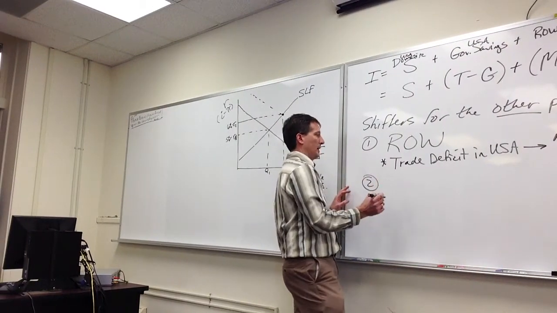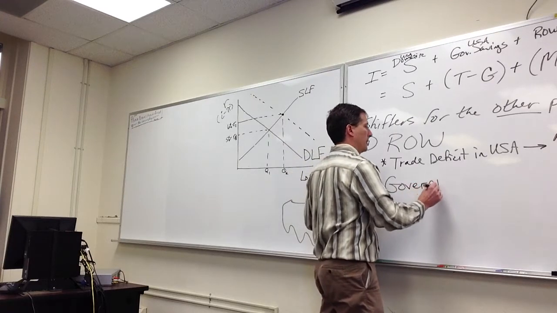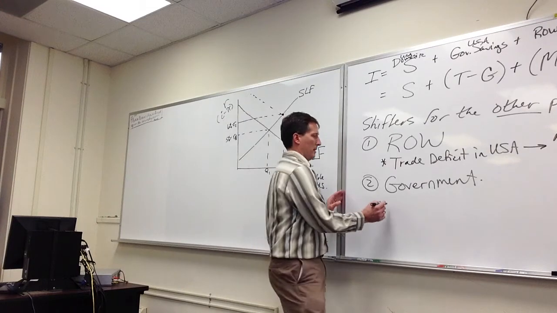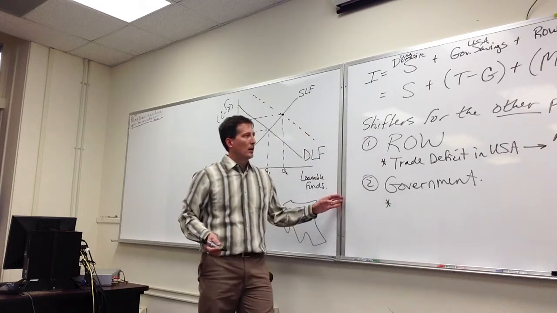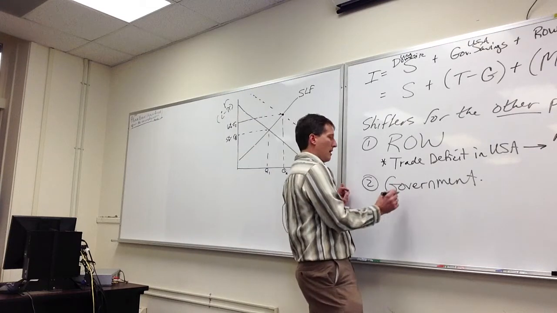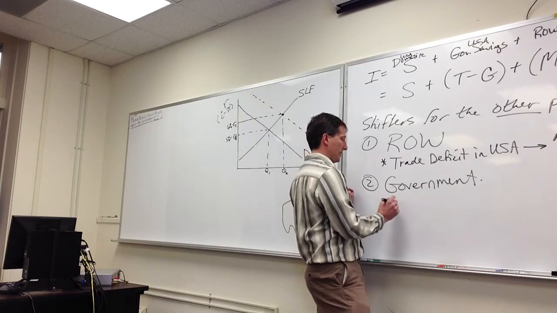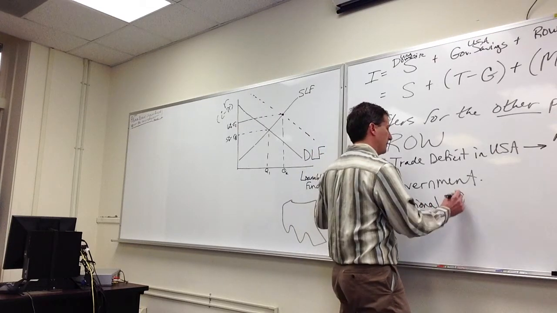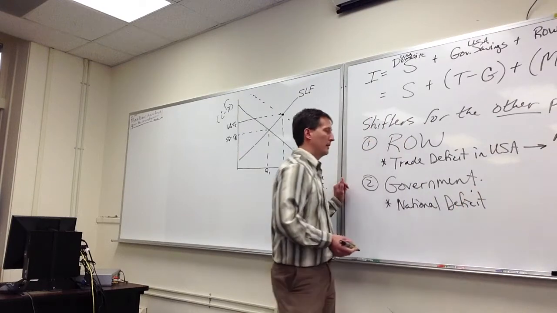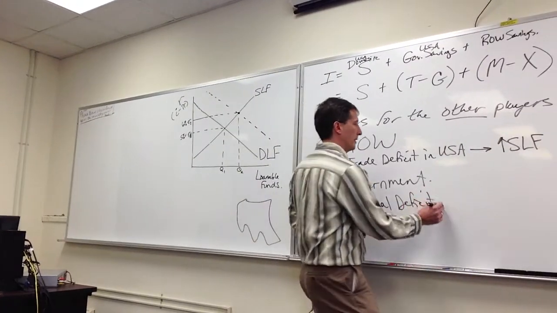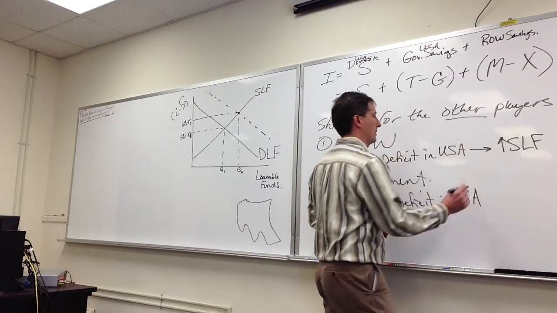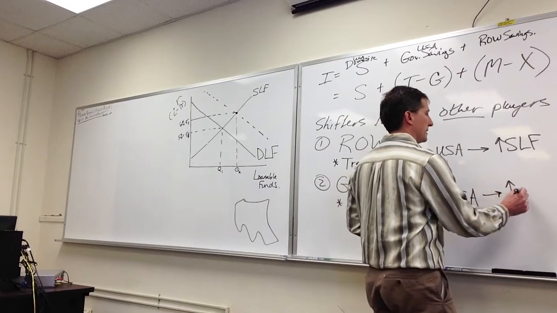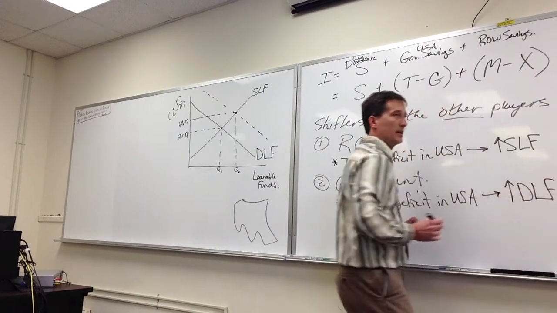Number two is the government. All right, and our government deficit, so our national deficit in the USA, leads to an increase in the demand for loanable funds.